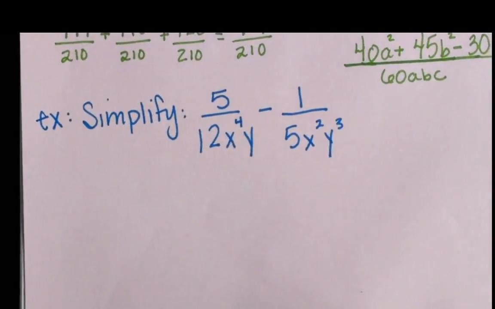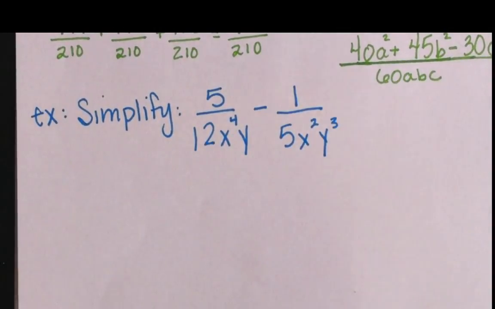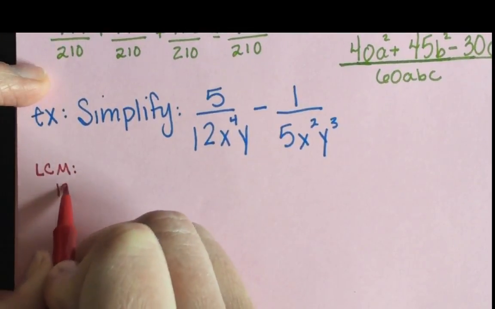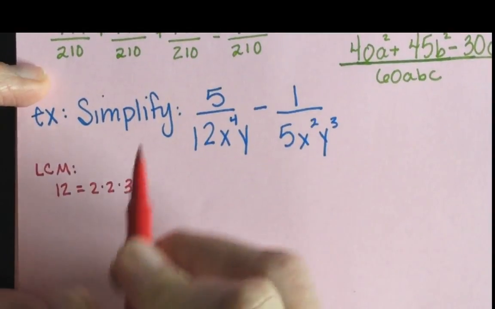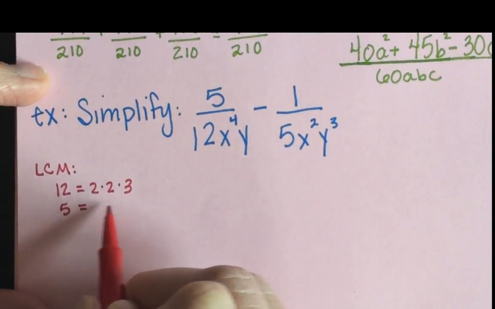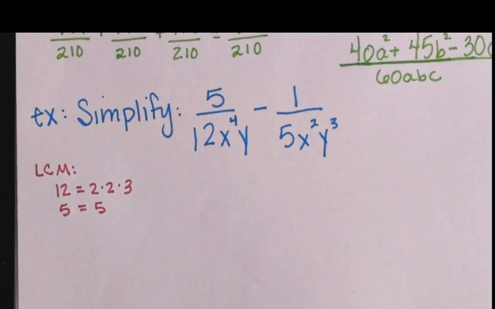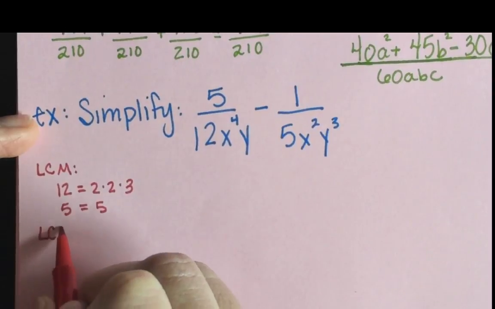Again, we're going to look for our LCM. Our LCM on the bottom, we have 12, which is 2 times 3, and we have 5, which is just 5. So unfortunately, when we multiply all of this together, we're going to end up with an LCM again of 60.